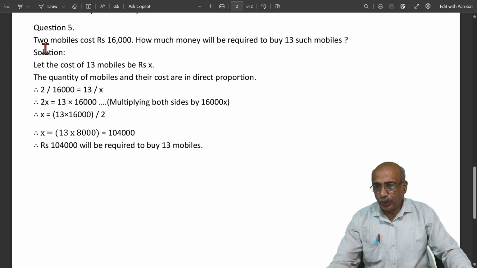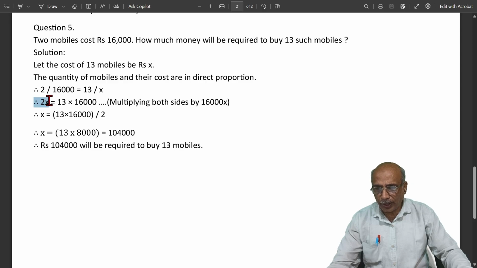Next, two mobiles cost rupees 16,000. How much money will be required to buy 13 such mobiles? Here, let the cost of 13 mobiles be rupees x. The quantity of mobiles and their cost are in direct proportion. So 2 mobiles 16,000. So 2 upon 16,000 equals 13 upon x. Again cross multiply the terms.